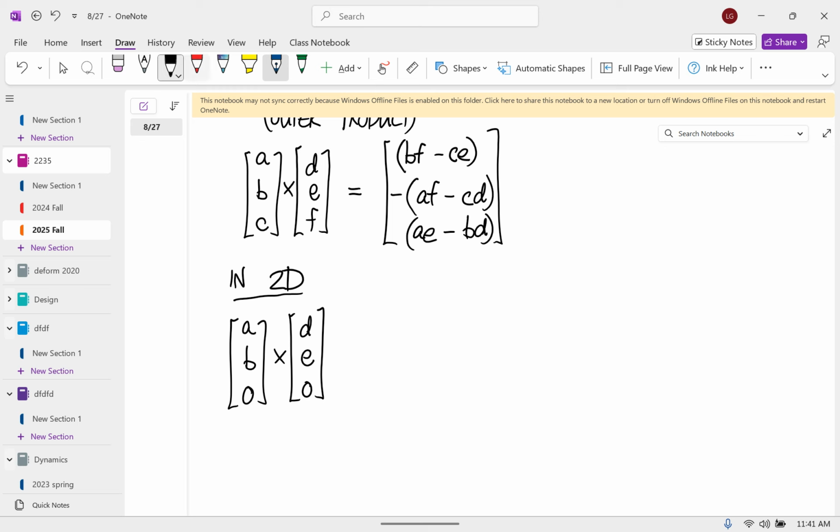If you cross out the x values and then go B times 0 minus 0 times E, you get 0 for the x component. When you do it for the y component, you get 0 again. So the only component that's non-zero is the z component. And to get the z component, cross out the zeros, and then it's AE minus BD.